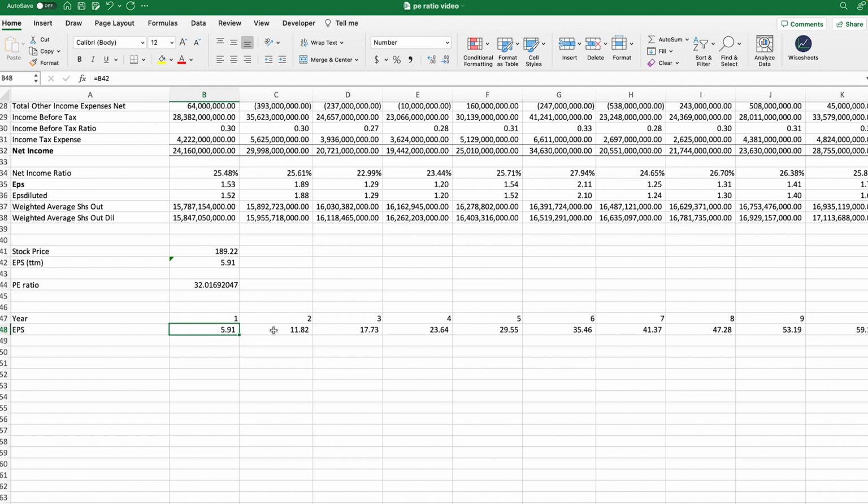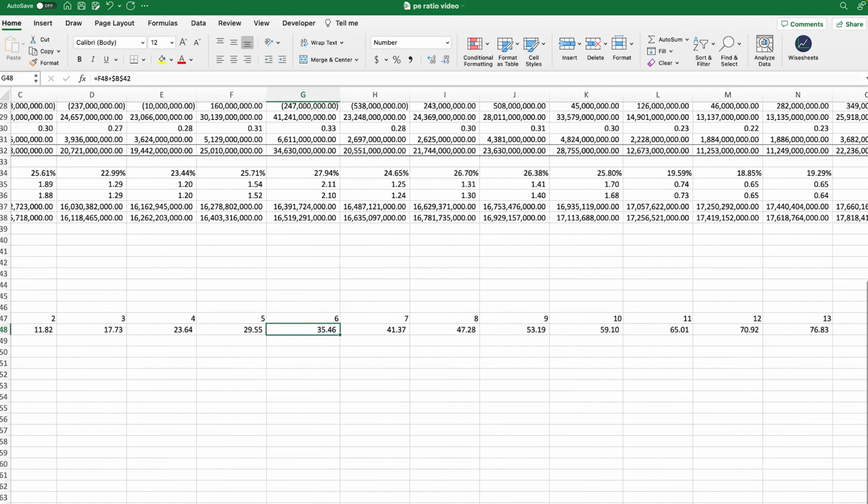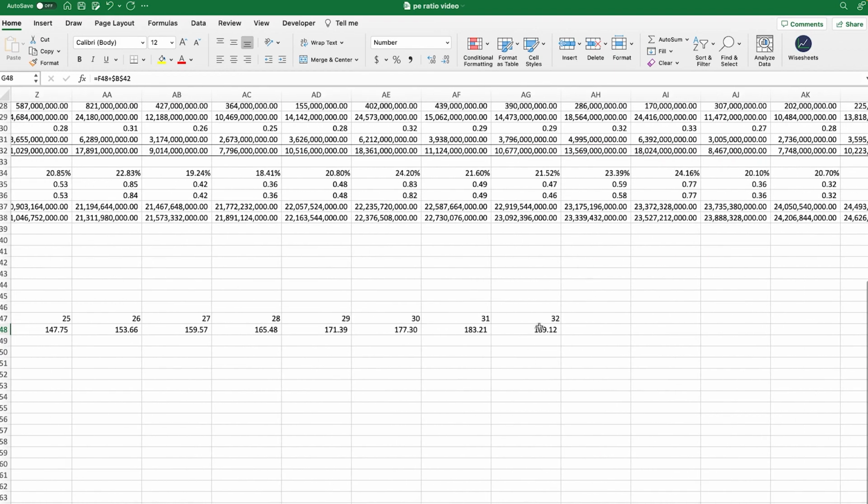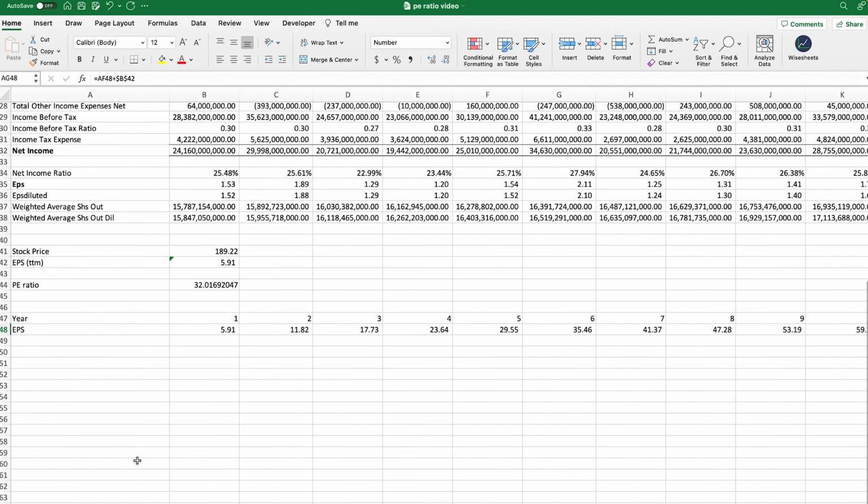If we do this calculation where we take on year 1 the current EPS, year 2 we take the EPS plus the new EPS, so you can see the formula right here, and we apply this formula for all these many different years, you will see that in roughly 32 years, this is where we will approximate the price or be able to make a return on the particular company. So that's another way to think about it.